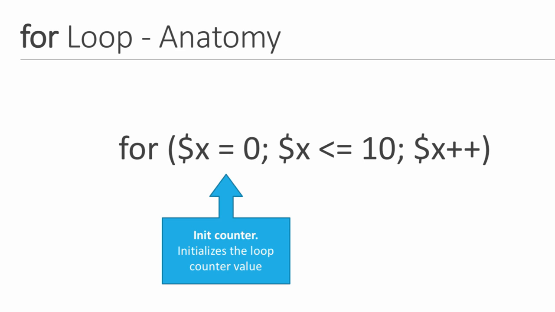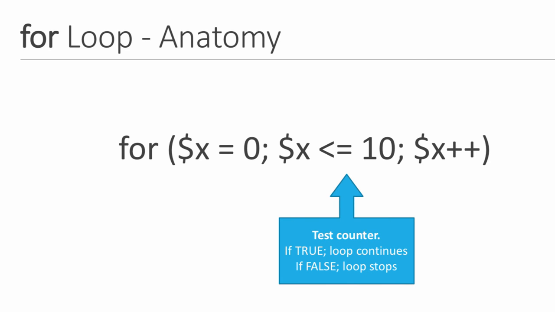This goes through a specified number of times, but it has to start your counter someplace. So in this case, we're simply saying x equals 0. This is the counter. This doesn't mean your variable. So we're saying that it's starting the loop counter value at 0, and then we go into what's called the test counter.